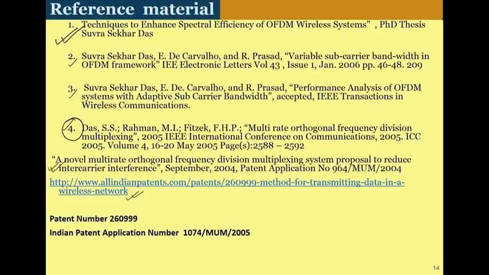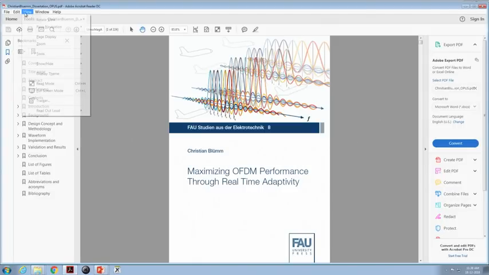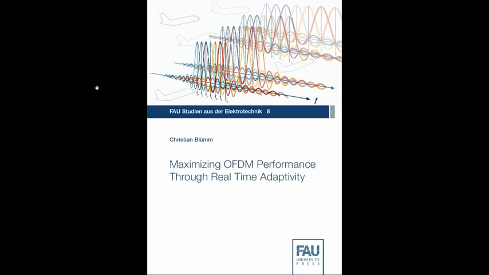I would also point out at this point that this particular thesis that you are seeing in front of you, you can also refer to this particular work which describes the hardware realization of such a thing.